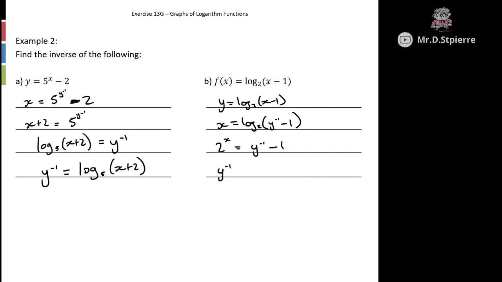So we get the inverse of y is equal to 2 to the power of x plus 1. And now, a quick thing to confirm is that we were given this in terms of f of x. So there's no y in this question, so we actually need to instead say the inverse of x is equal to 2 to the power of x plus 1. You need to give it in the correct variables that we were given in the question.